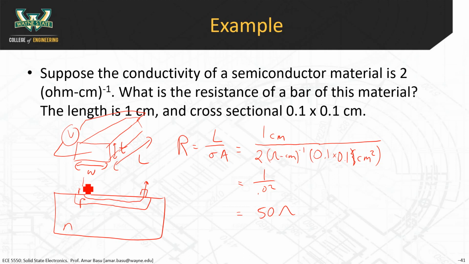But to create this P-type resistor, you're going to diffuse in P-type dopants to change this material from N-type to P-type just in this zone. And the amount of time you spend in the diffusion furnace determines the thickness T here. That's why I said the T is sometimes under the process engineer's control. The length and the width are done by the CAD engineer.